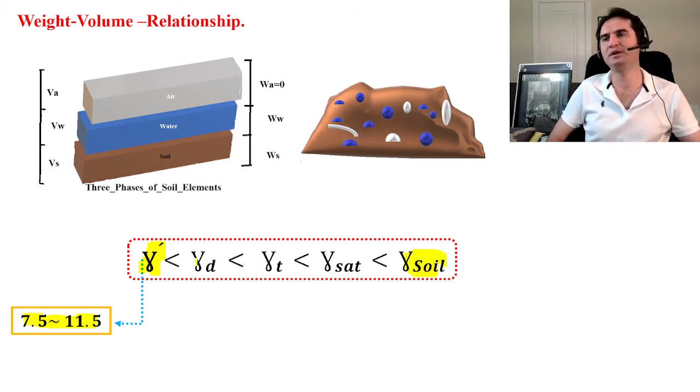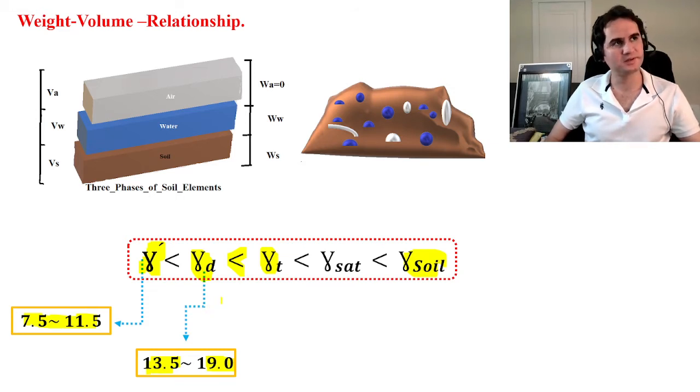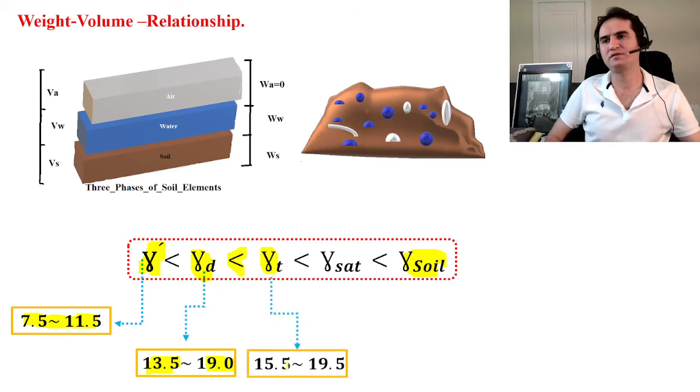And that's smaller than gamma dry, which is in the range of 30.5 to 19. And that's also smaller than total gamma, which is something like 50% saturated, 40%, 20%, 90%, but not completely saturated. And that's in the range of 50.5 to 19.5. And that's smaller than gamma fully saturated.